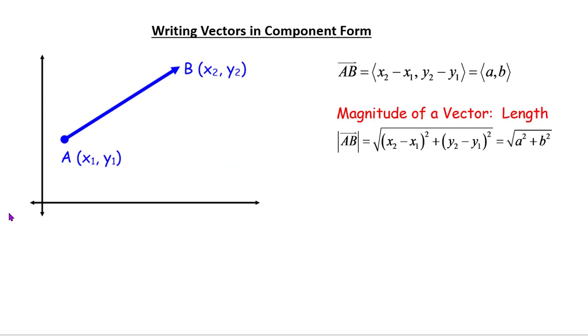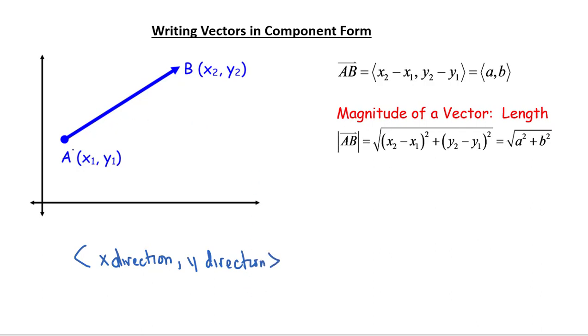Okay, writing vectors in component form. What it means by writing something in component form is we have an x direction, comma, y direction.